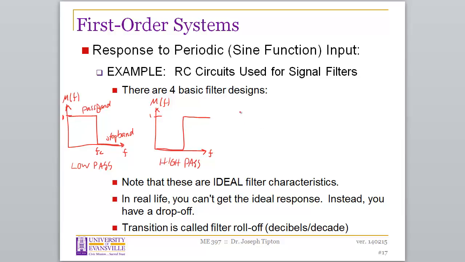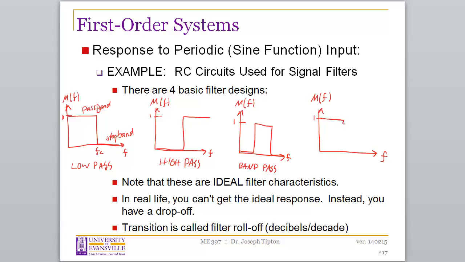I could combine these and also form a bandpass filter, something that selectively only passes some band of frequencies. And then the fourth and final type of RC filter is a notch filter. For that, we pass all but a small section of frequencies.